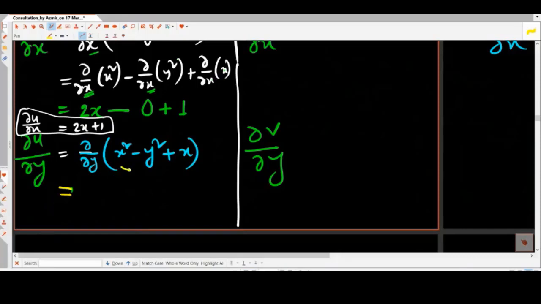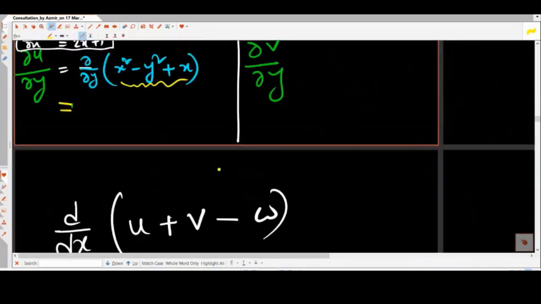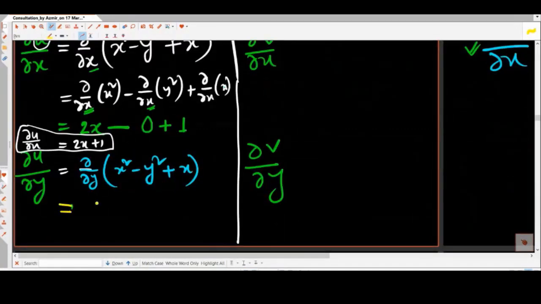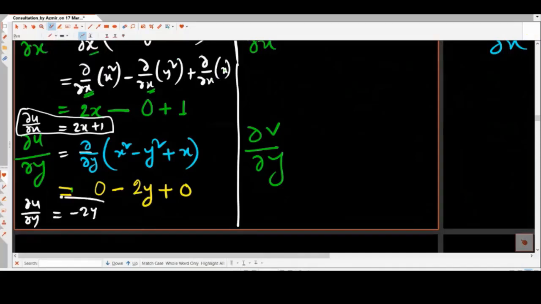Again, we can separate all these terms because we have summation or subtraction, but let me do this one directly. Derivative of x squared in terms of y will be 0. Negative derivative of y squared in terms of y will be 2y. Derivative of x in terms of y will be 0 because x is constant. So finally, we have found du/dy equals negative 2y.